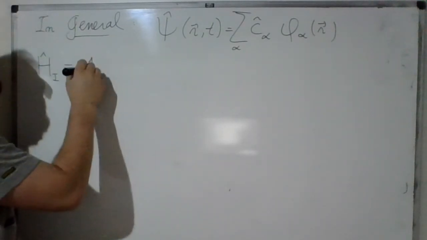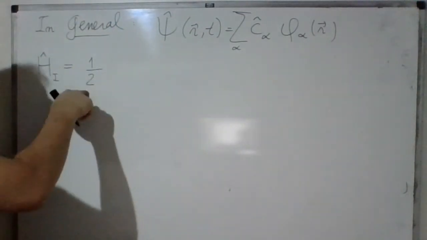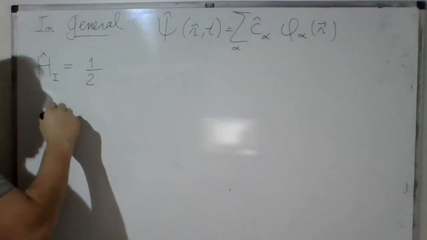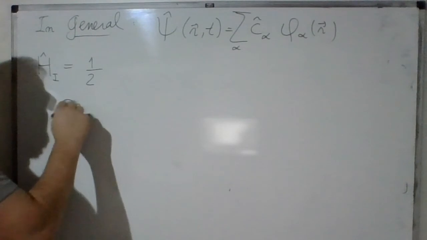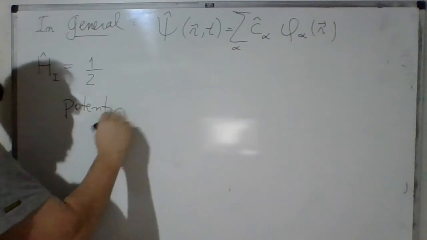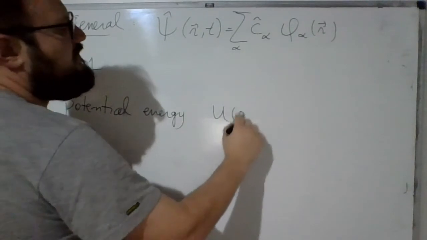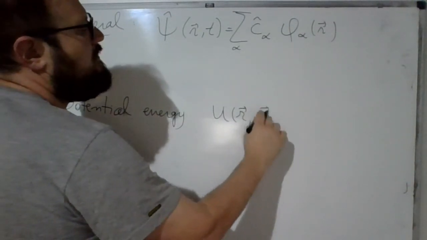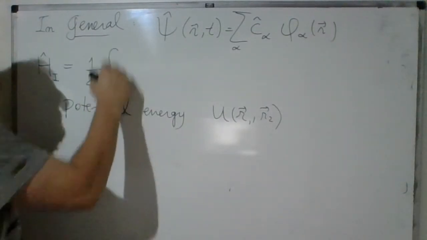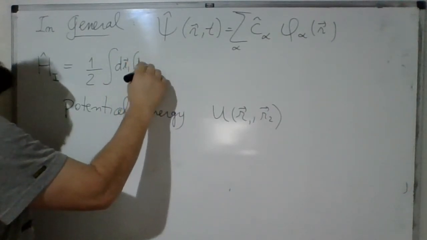You have a 1/2 here, because it's an interaction between two particles. You have a potential corresponding to the interaction, the potential energy, which is something like U of R1 and R2. Okay, it depends on two particles. And then you integrate over R1 and R2 over the entire volume.